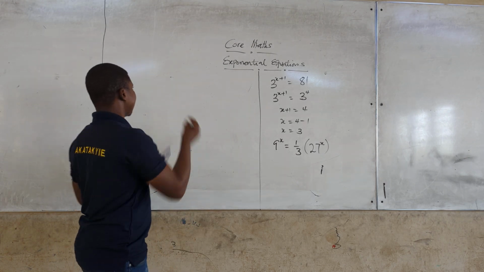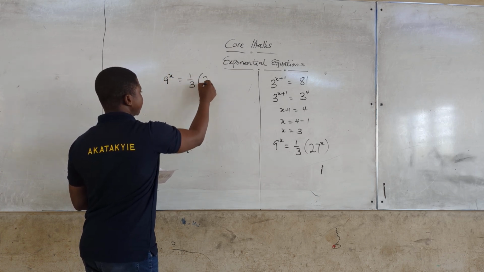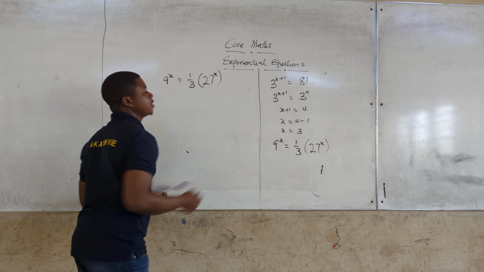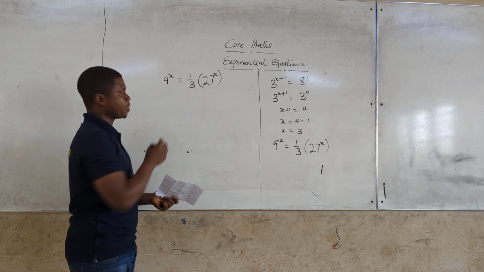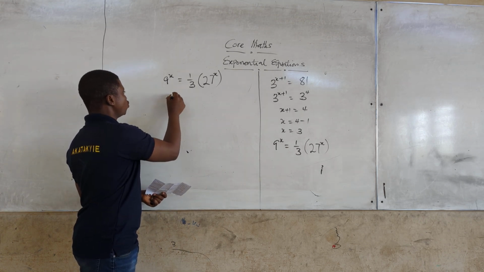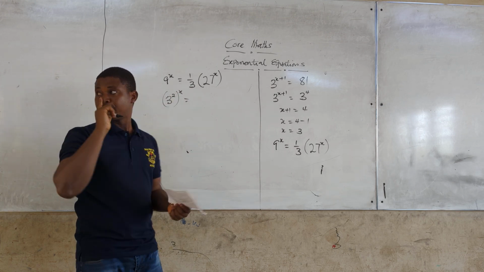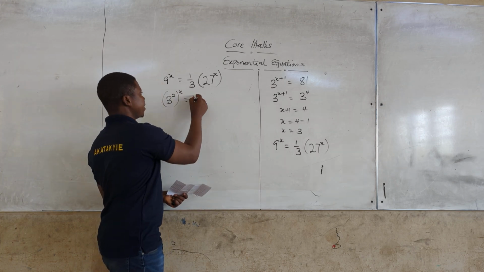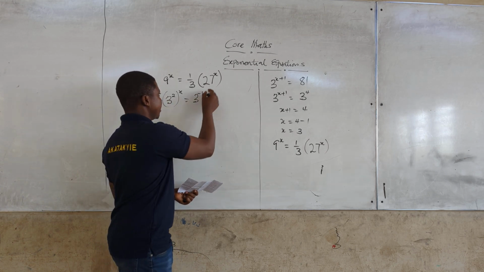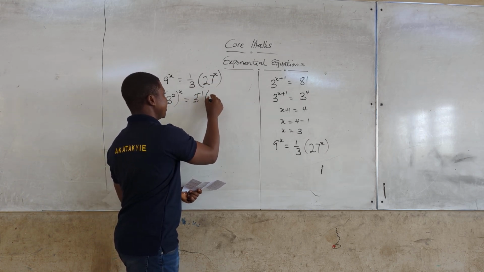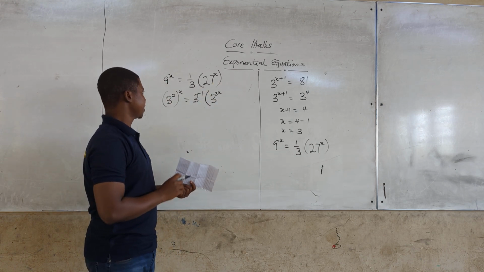Now we have 9 to the power x equal to 1 over 27 to the power x. We have to change this to the base of 3. So we have 3 to the power 2x is equal to, from the rules, 3 to the power negative 1, then 3 to the power 3, then the x.